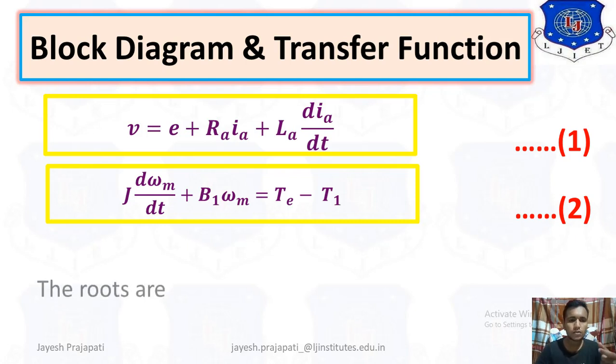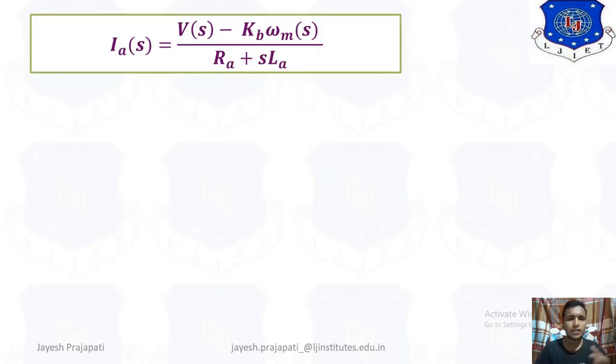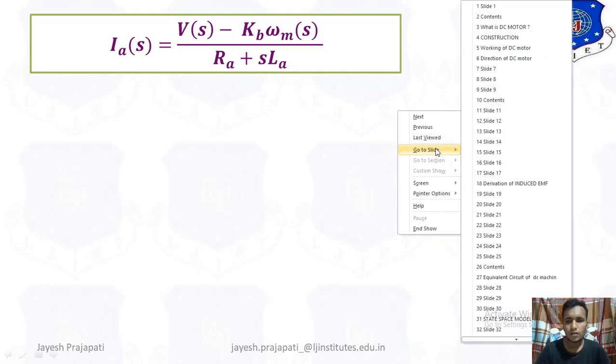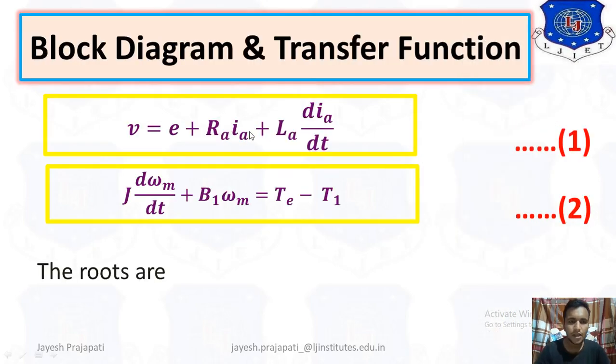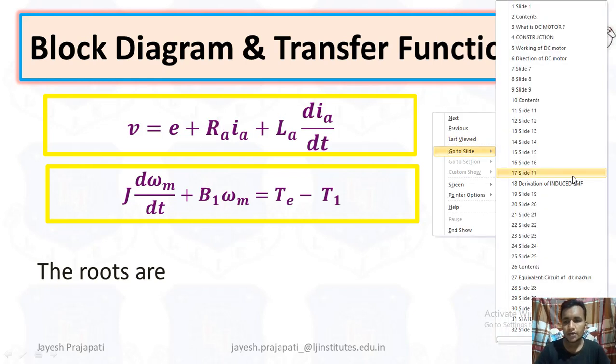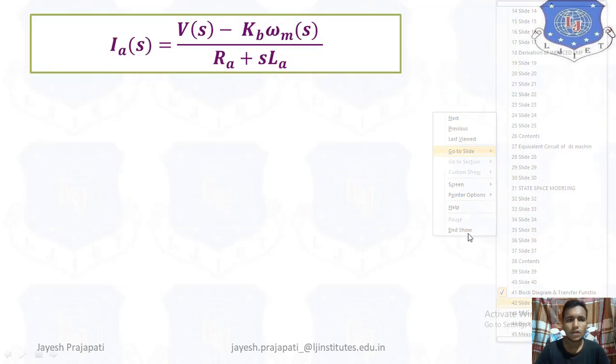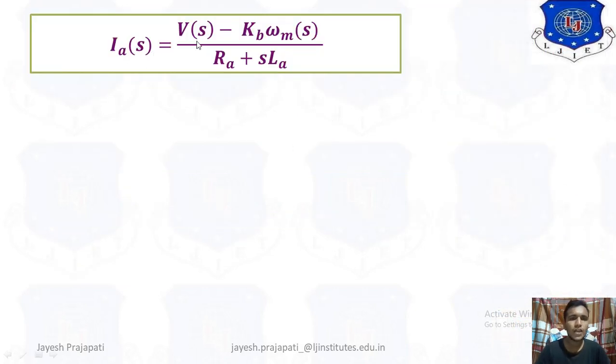Now the roots for these two equations. From the first equation, if we make Ia the subject and solve by the Laplace transform, it becomes Ia(s) is equal to V(s) minus Kb omega m(s), divided by Ra plus sLa. That is equation number 3.